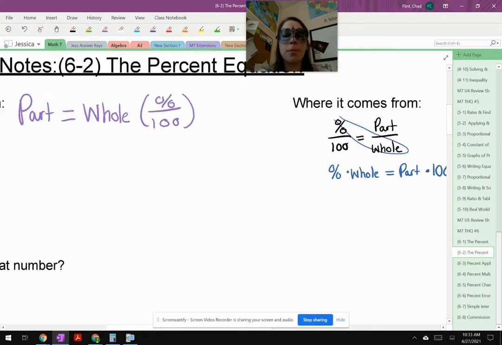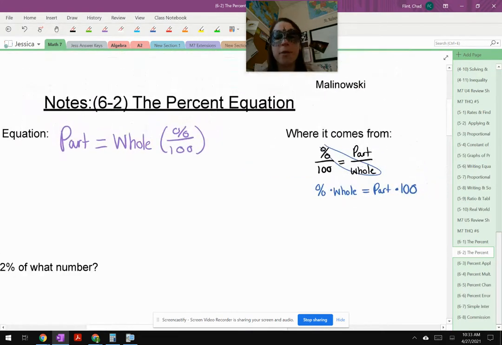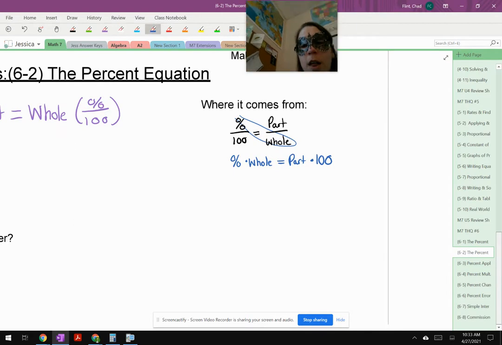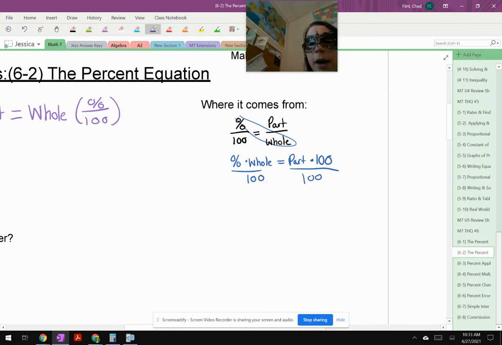Okay? So if I look at my percent equation, they have the part isolated. Well, in order to get the part isolated here, part is prevented from being alone by this 100 that's being multiplied. So I can do the opposite and go ahead and divide by 100.